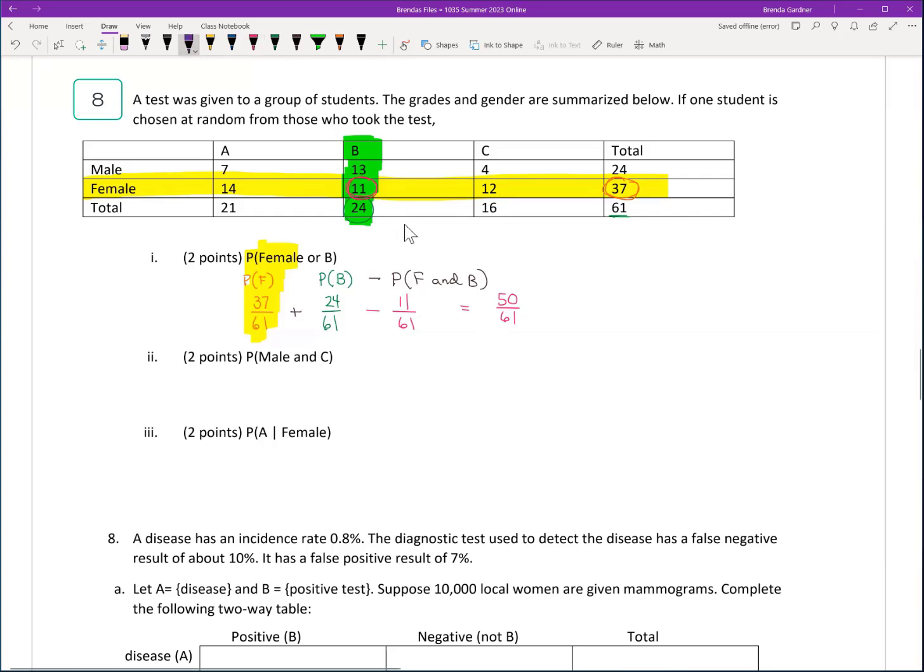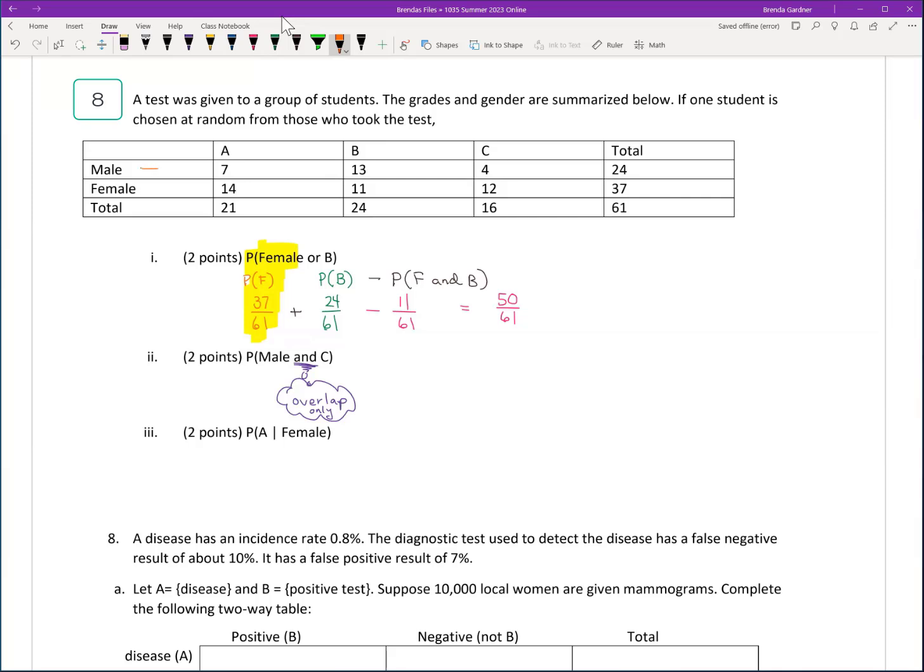All right, what's the probability of male and C? If I'm asking for an and, this is where I only consider the overlap. What's the probability that I draw a student who is both male and got a C in the class?